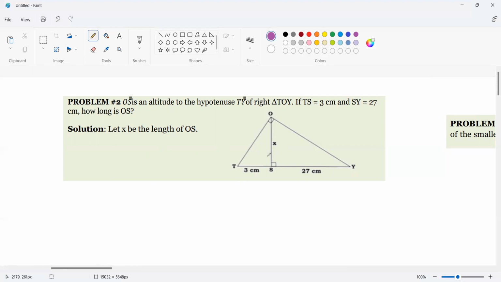First, let's use the segments. So if we try to break that down, the smaller triangle, this is what will happen. And there's another, bigger right triangle.